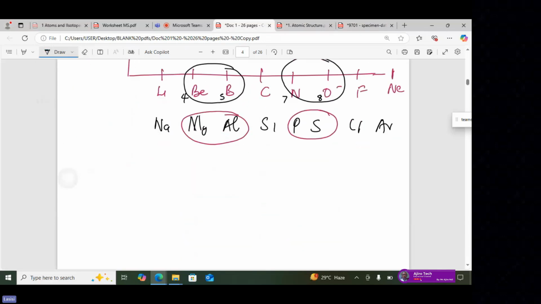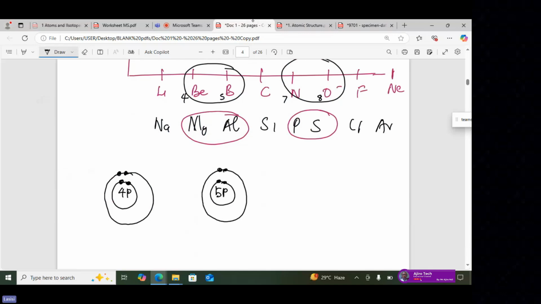Let me show you. This is beryllium, with 4 protons: first shell, second shell, 2s closer. Look at boron: first shell, second shell.